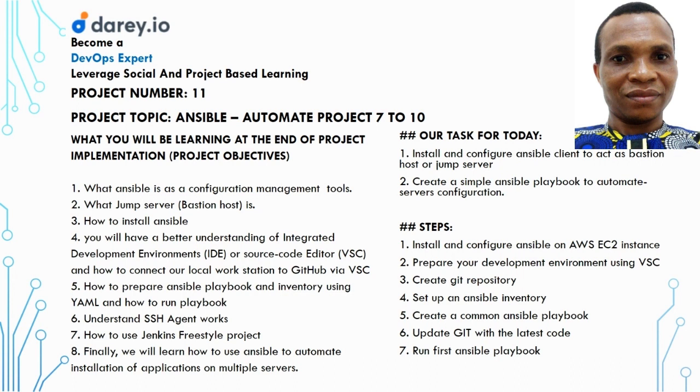To be able to carry out this project successfully, there are some prerequisites we are supposed to meet. 1, we're supposed to have watched the Ansible video on Udemy. 2, we're supposed to have done projects 1 to 10, most especially projects 7 to 10. It is very, very important that we have done that.